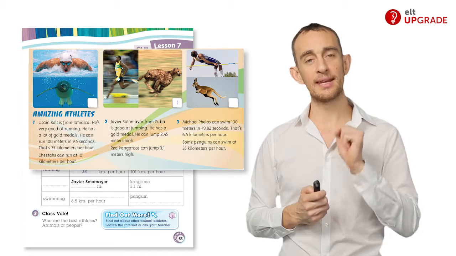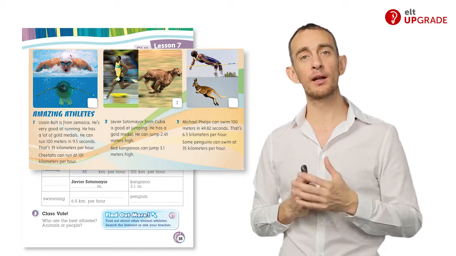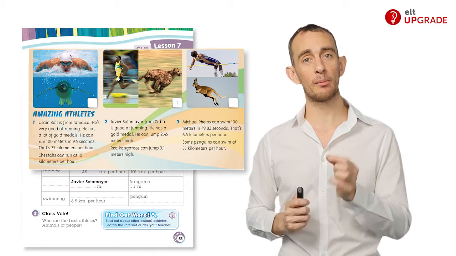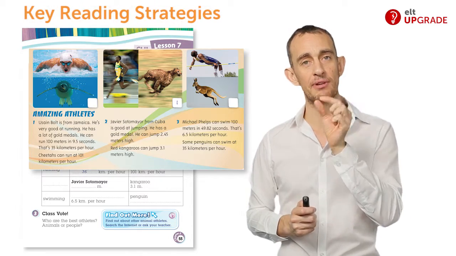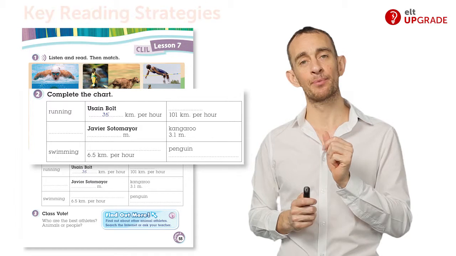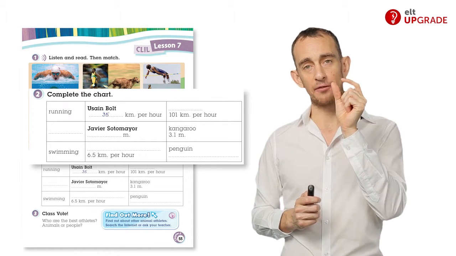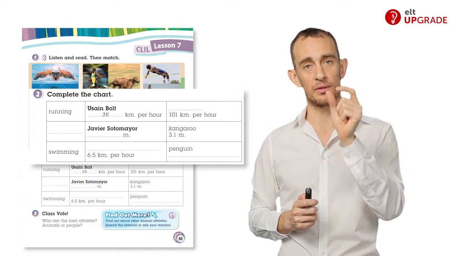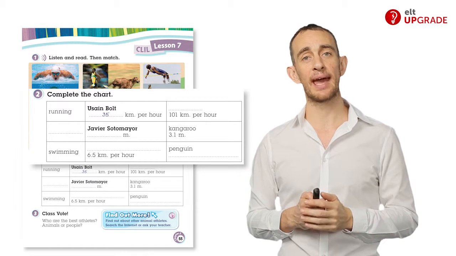So for reading, we can help even young learners start building up key essential reading strategies, such as skimming and scanning. Here, they have to fill in the chart with the information from the text.